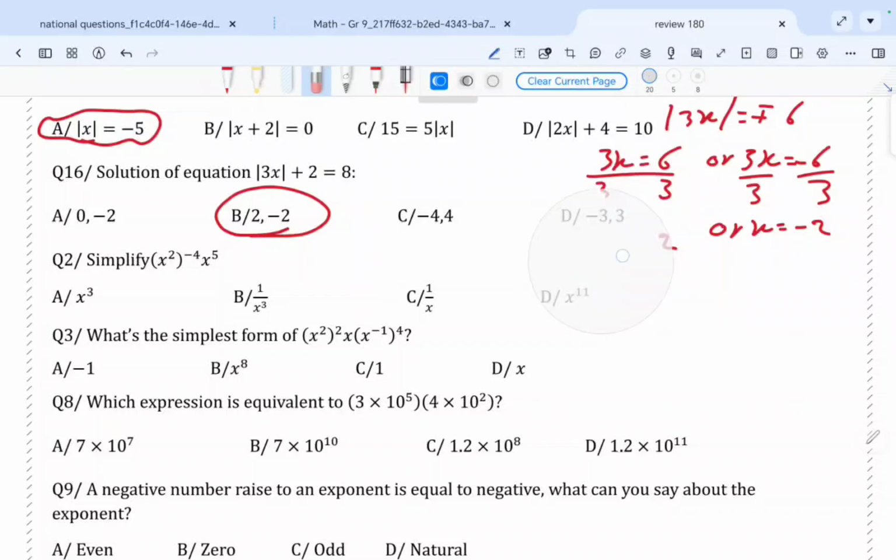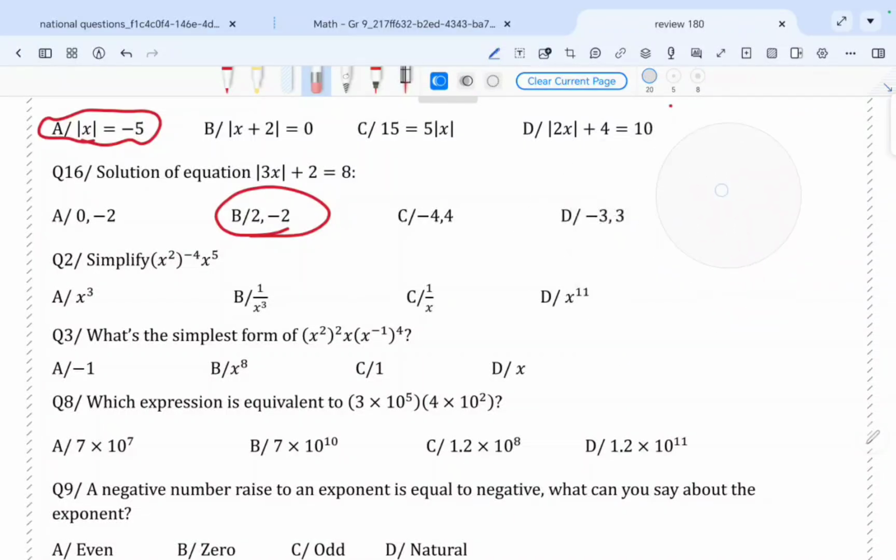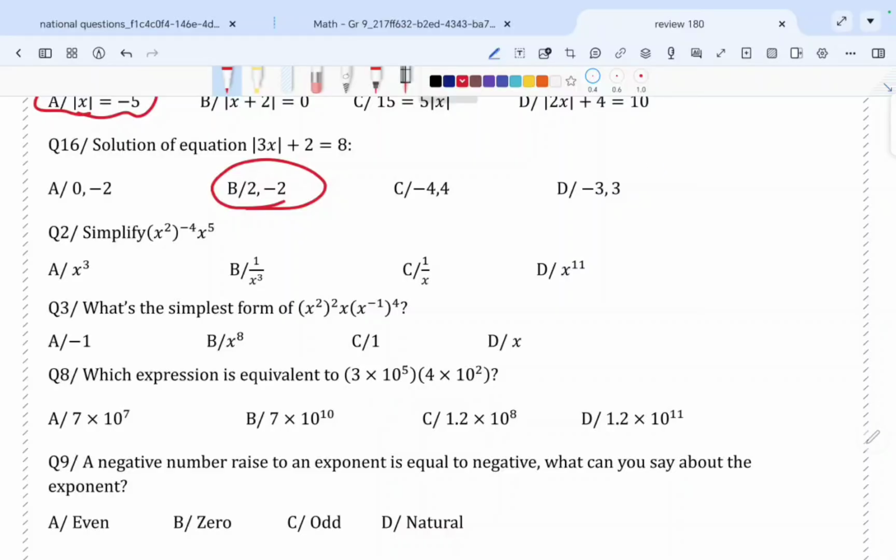Now we have multiplying powers. This is for chapter 2, okay? We have x power 2, raised to power negative 4, times x power 5, okay? This one is a power raised by another power. How can we solve it?